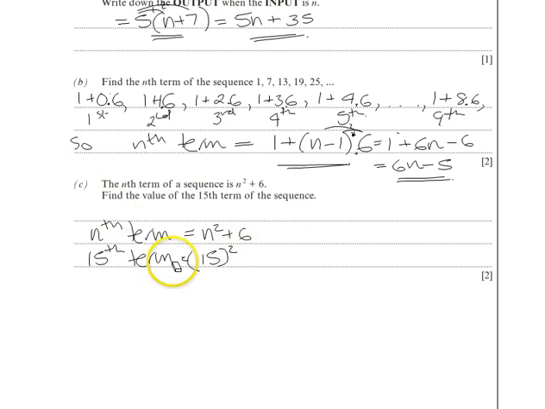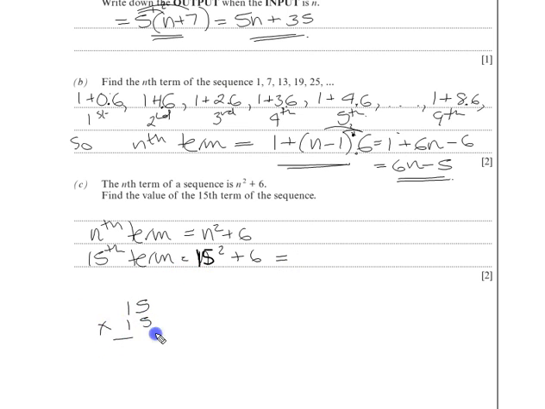Now if you don't like doing that, I'll do it in a simpler way, shall I? So let's just do n squared plus 6. And we said our input, our n value was 15. So instead of n, I'm going to overwrite that with the value 15. There we are. Okay. So it's 15 squared plus 6. 15 squared is 15 times 15.